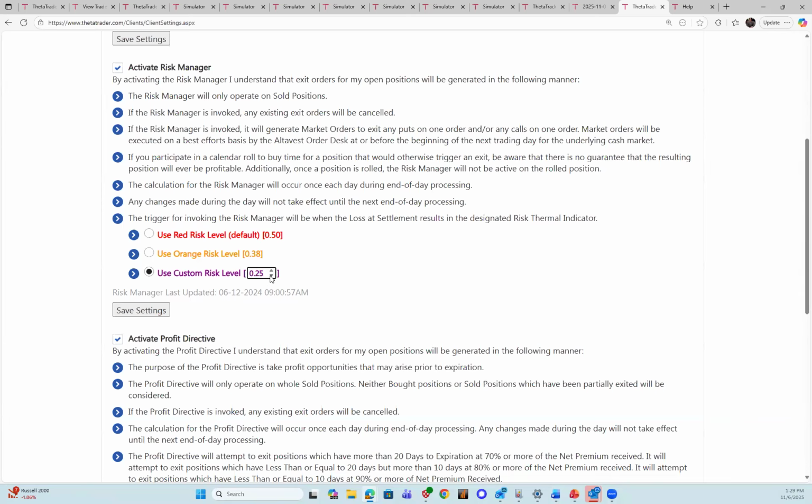What I mean by that is, if you change it from the default 50 down to say 38, you will take basically just more frequent losing trades, but they won't be as large. So that's the trade-off. So I just use the default level and then you click Save Settings.